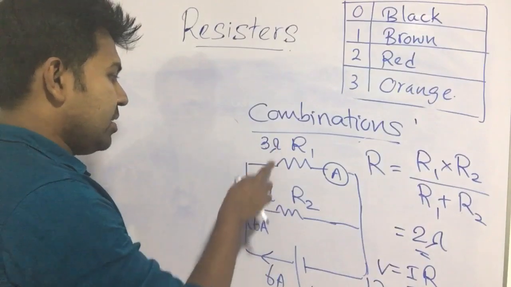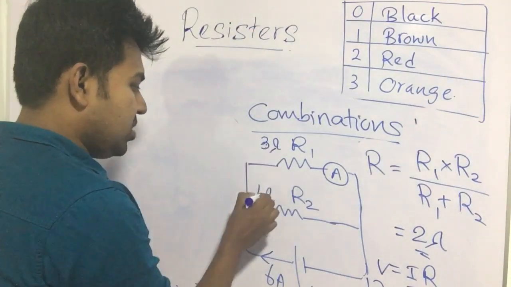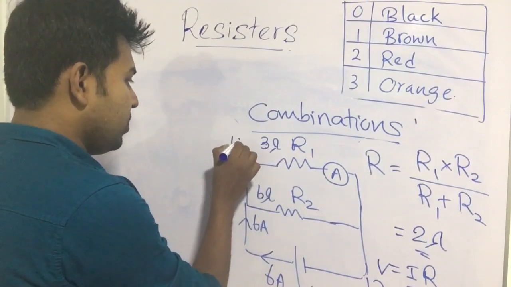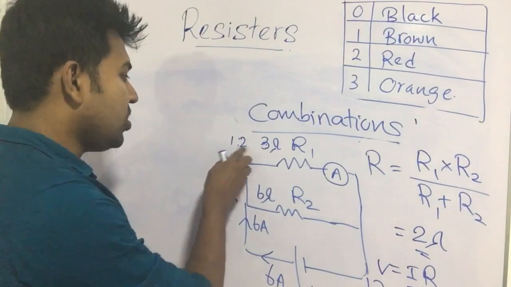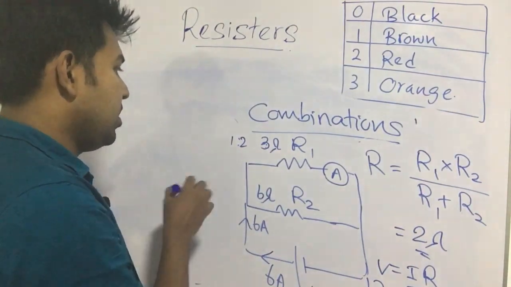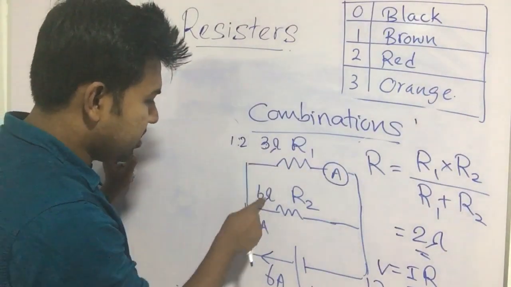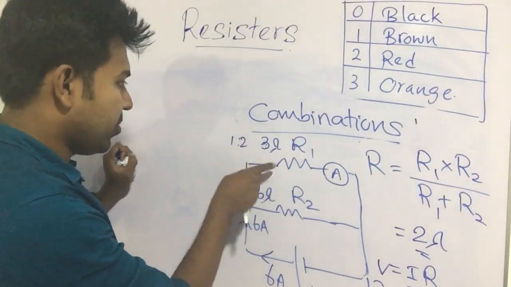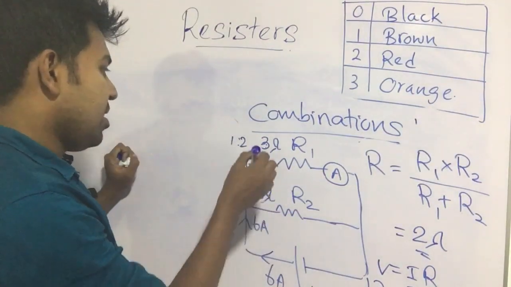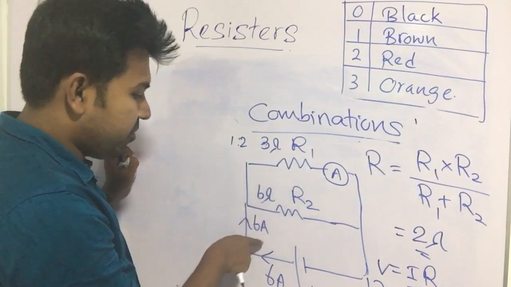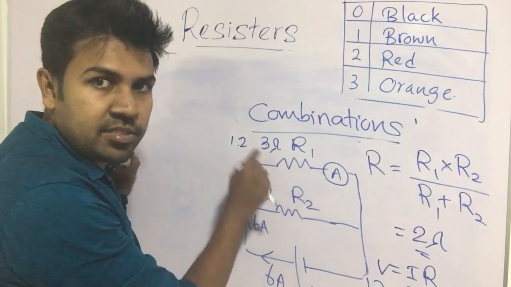Usually the proportion of this is 3:6, that means 1:2. So total is 3. So a larger proportion of the electric current will travel through this path as it has less resistance.